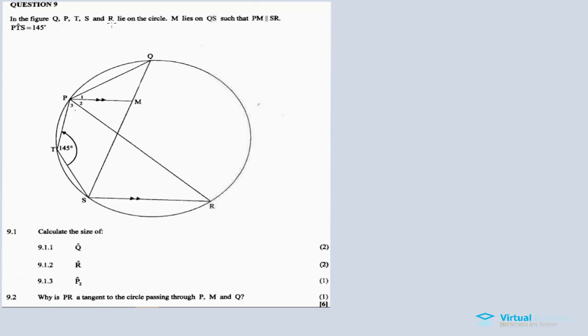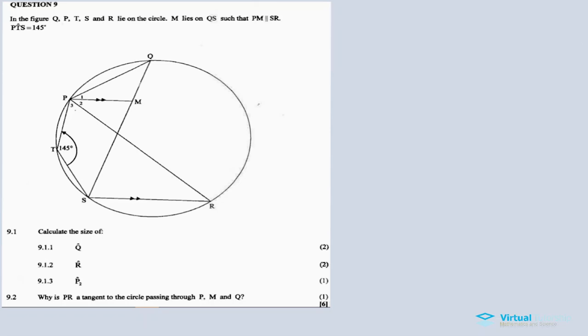These points lie on the circle, and M lies on QS, such that PM is parallel to SR. And then we are given an angle PTS, which is equal to 145 degrees. Now 9.1, calculate the size of Q, R, and P2.